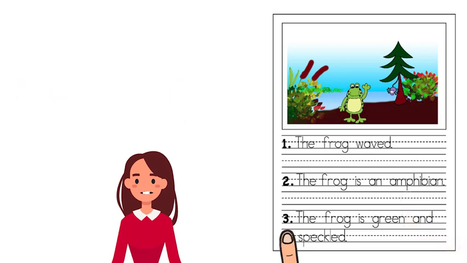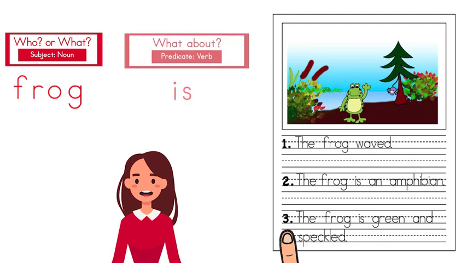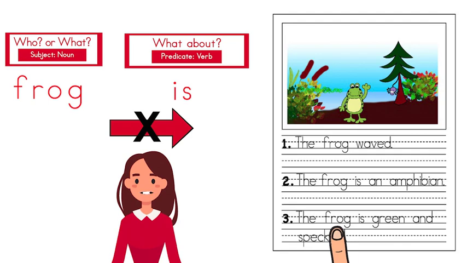The third sentence, the frog is green and speckled, is a complete sentence with a subject, the frog, and a predicate, is green and speckled, using is as a no-action verb that connects frog to words that describe it, green and speckled.